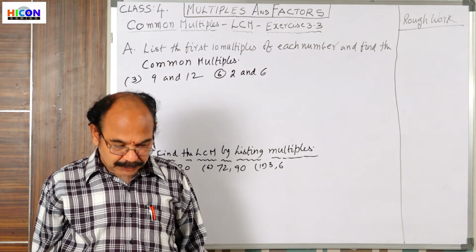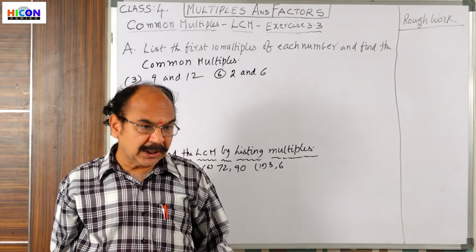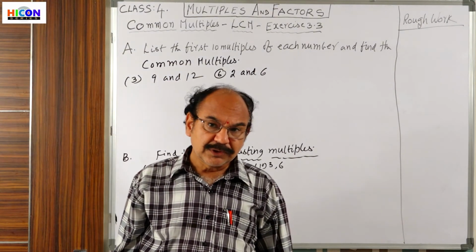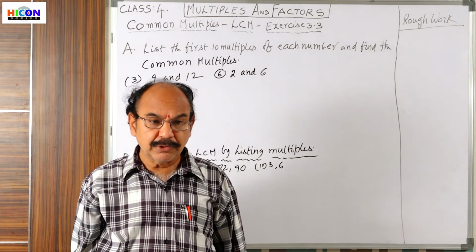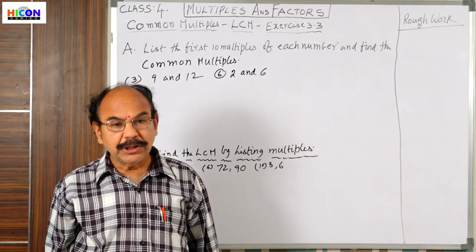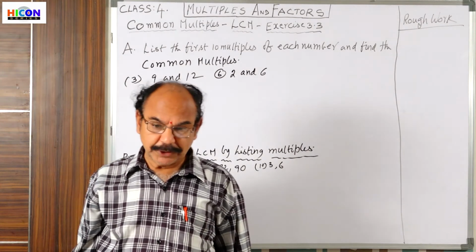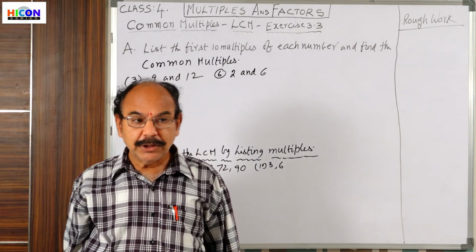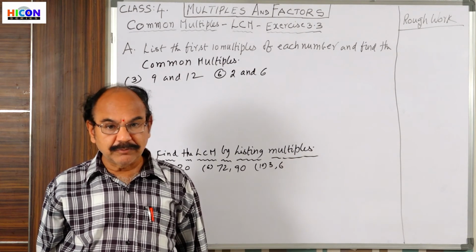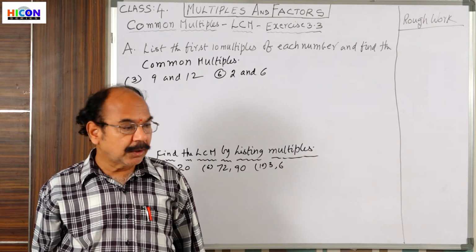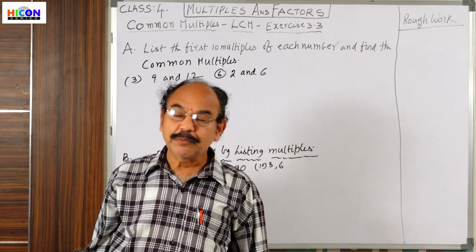Children, what is the short form of least common multiple? LCM, that means least common multiple. L for least, C for common, M for multiple.